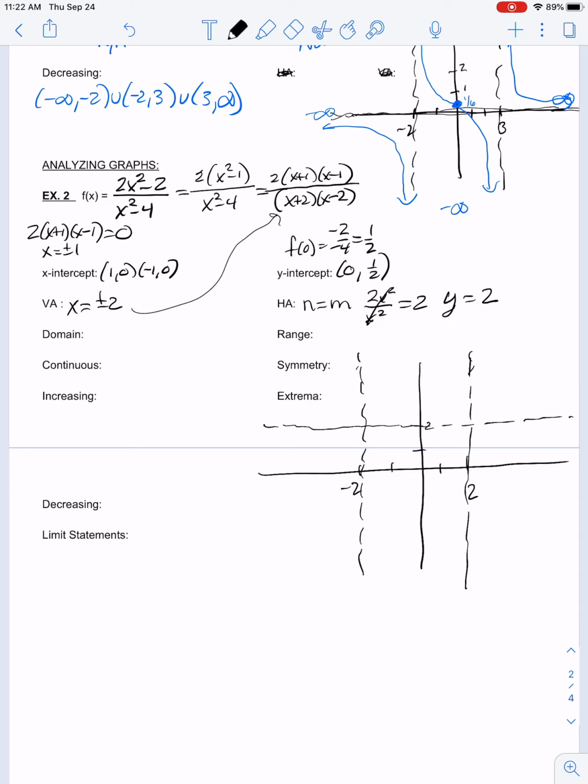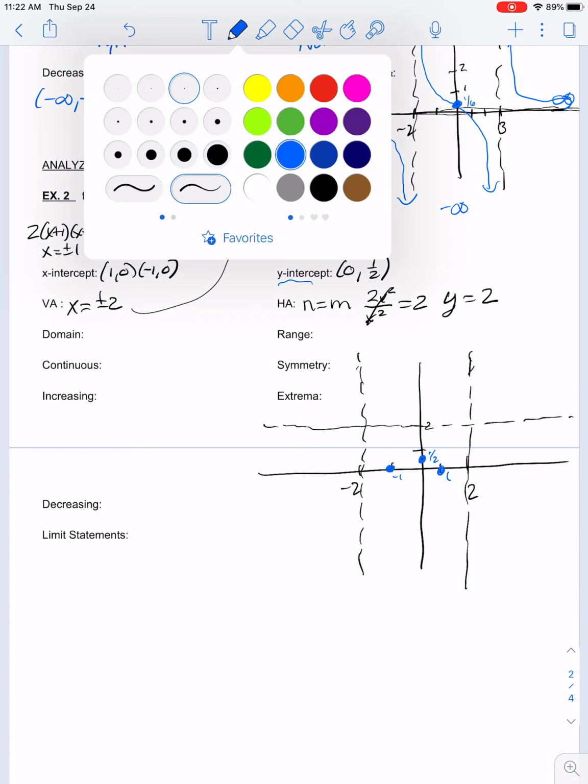Kind of running into things here. We have a y-intercept at 0, 1/2, and I'll write that in so you can see. We have x-intercepts in this one at plus minus 1. So there are some special points in there.